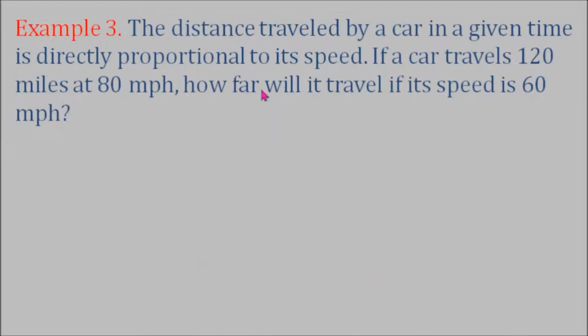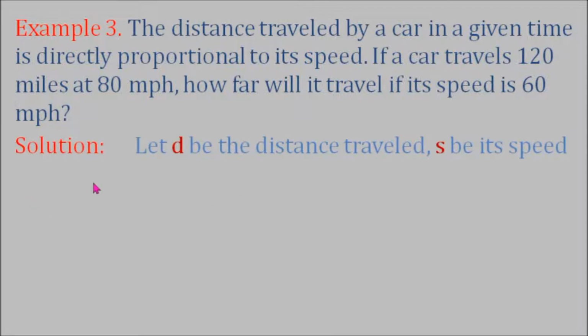Example number 3. The distance traveled by a car in a given time is directly proportional to its speed. If a car travels 120 miles at 80 miles per hour, how far will it travel if its speed is 60 miles per hour? We are going to let d be the distance traveled and s be its speed.